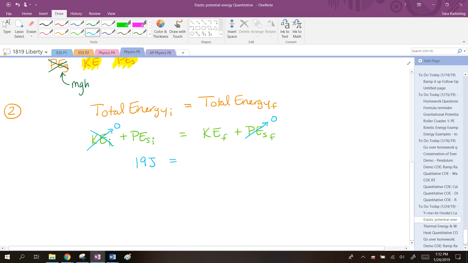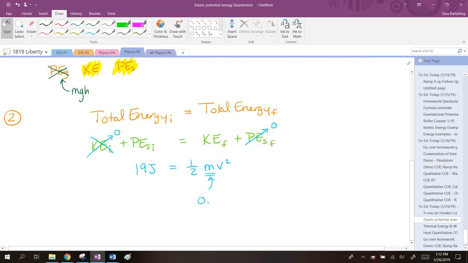Kinetic energy equation. Do you remember what it was? Or check your orange sheet. Those are two good options. What is it? 1/2 mv squared. They told us that the mass was 0.6 kilograms. Can you solve that for velocity?